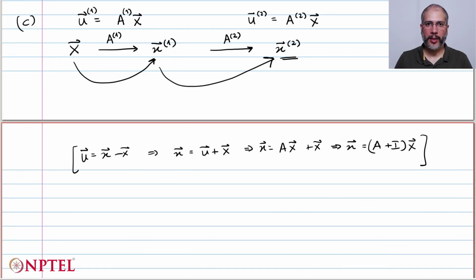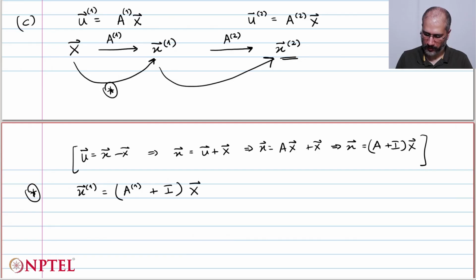So let's apply this into practice. So let's go for the first step. So this results in x1, which is (A1 plus identity) times capital X. It's better we write in the index notation now. So I can say small x1 with an index i is (A_ij^1 plus delta_ij) times capital X_j.